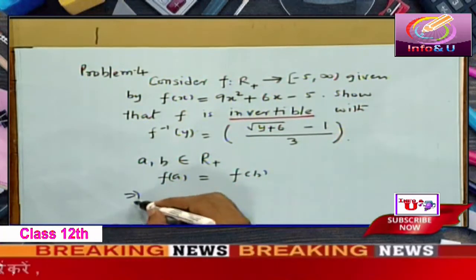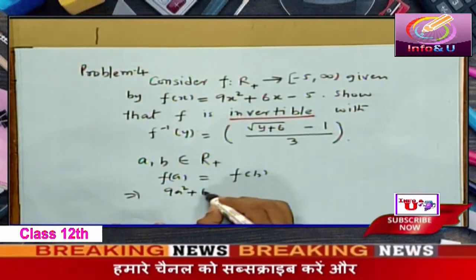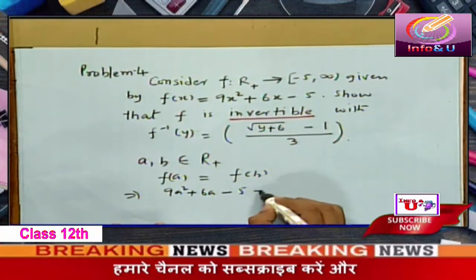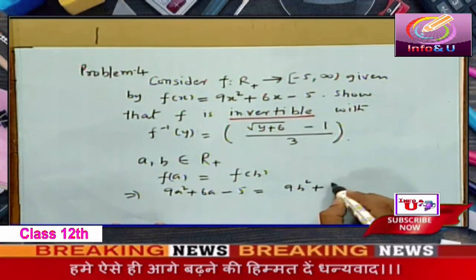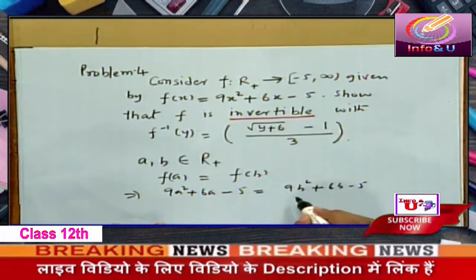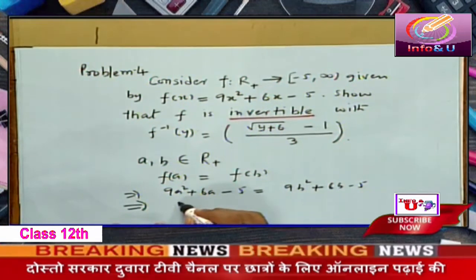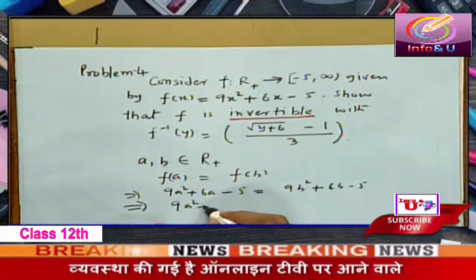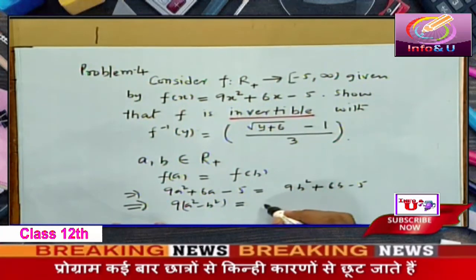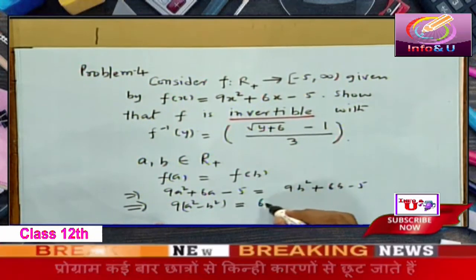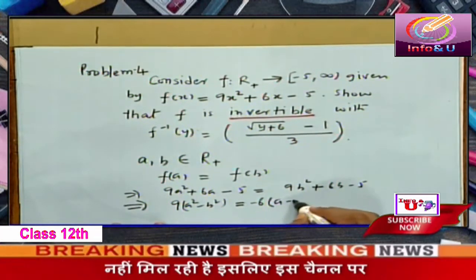This requires 9a square plus 6a minus 5 equals 9b square plus 6b minus 5. This makes 9 times (a square minus b square) equal to minus 6 times (a minus b).